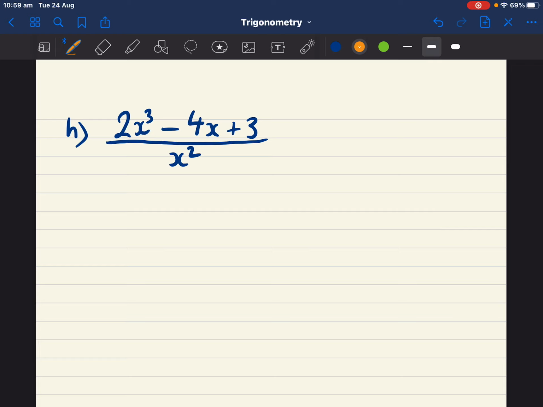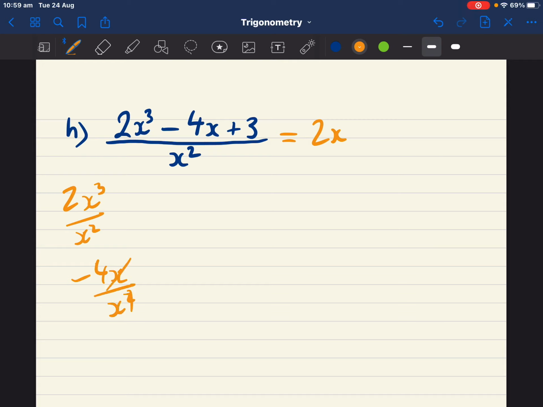Instead, because we can actually divide the function by x squared, let's do it. So, first step, let's go ahead and divide everything by x squared. 2x cubed divided by x squared is just going to leave you with 2x. The next one, here we have a minus 4x all being divided by x squared.